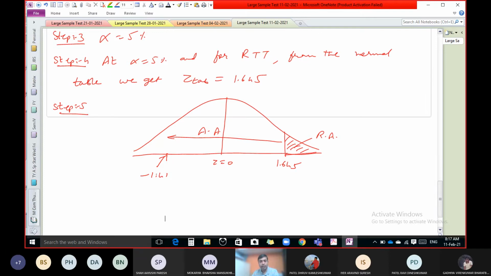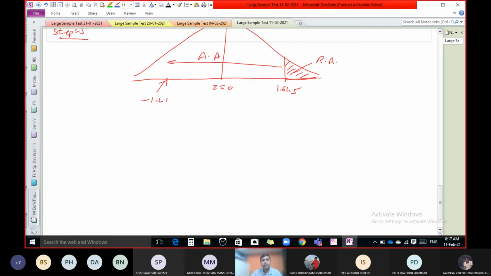Tell me, if Z cal is in the acceptance area, what is our conclusion? H naught is not rejected. Loosely speaking, H naught is accepted.